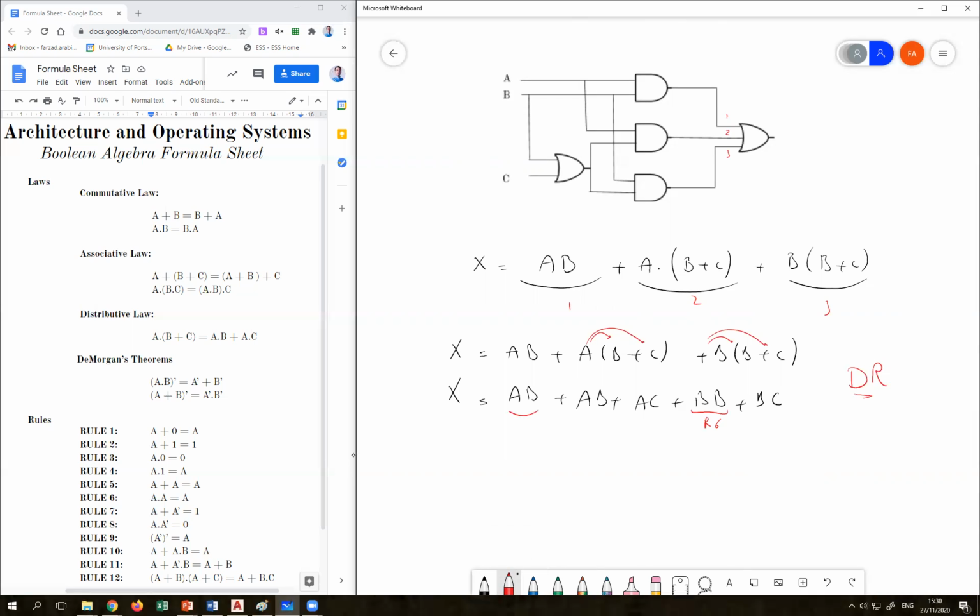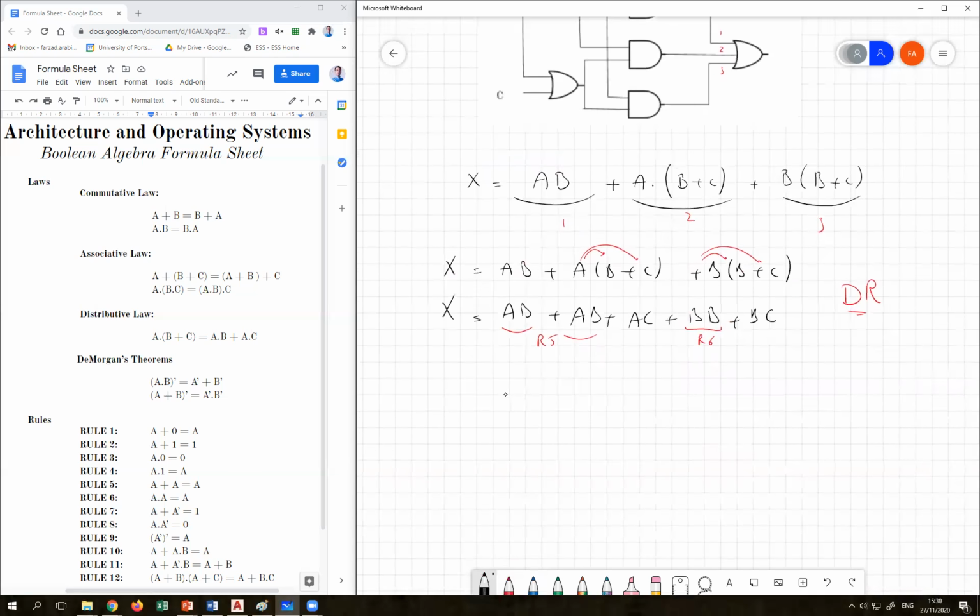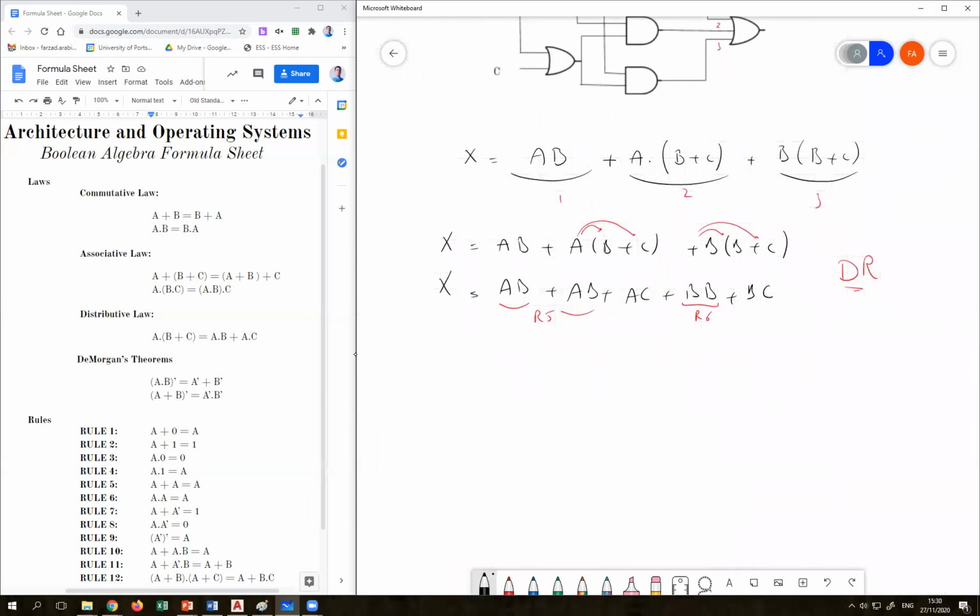So I've got AB and AB. I can use rule 5 here, which means no need to repeat. X equals AB plus AC plus B plus BC.